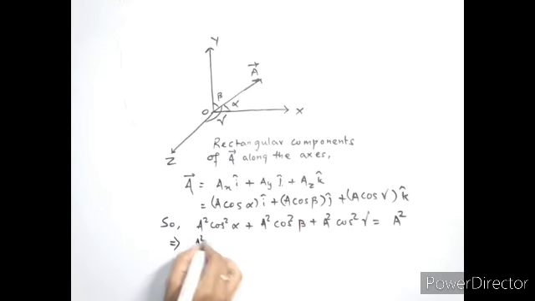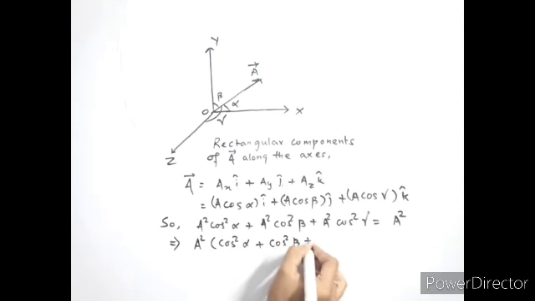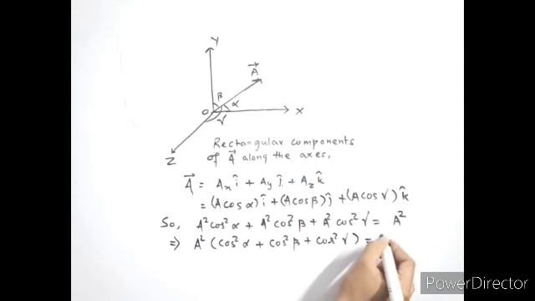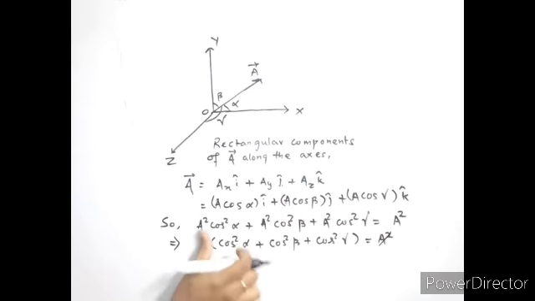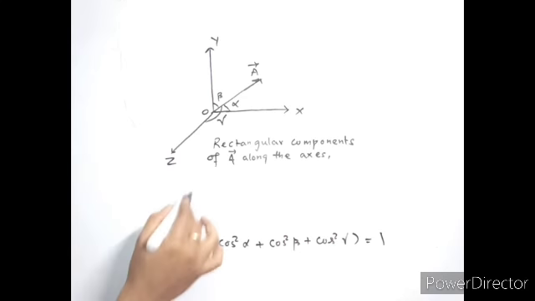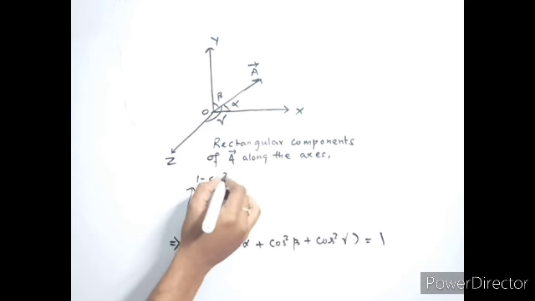So we can just take the a square out on the left hand side: cos square alpha plus cos square beta plus cos square gamma, the whole multiplied with a square, is equal to a square. A square on the left and a square on the right get cancelled out, and so we are left with 1 on the right hand side. So that means cos square alpha, cos square beta, cos square gamma added together give 1 when the angles are alpha, beta, gamma with respect to the x, y and z axis.